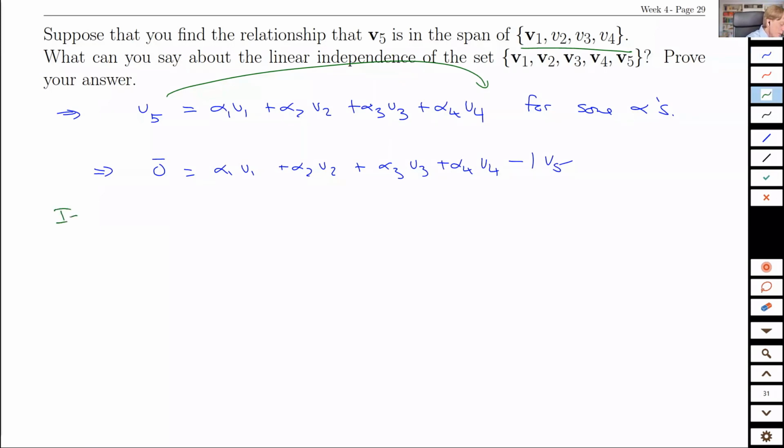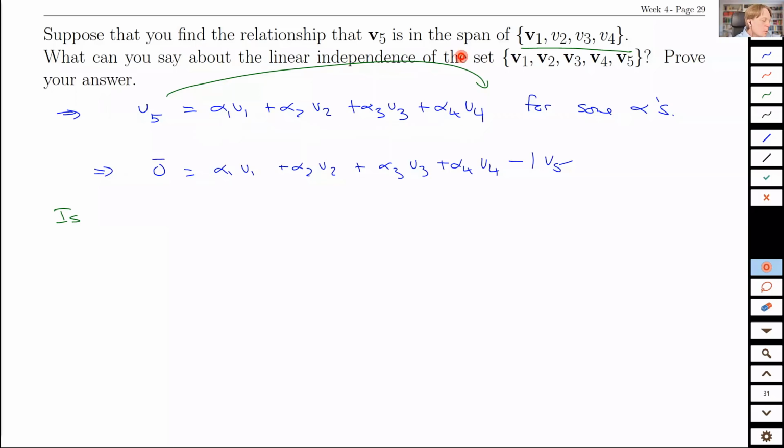Could you just very quickly redefine what span is? I know it was said in the earlier lecture. Yeah, it literally means it can be made as a linear combination of those vectors. So instead of the linear combination equaling zero, it equals that vector?